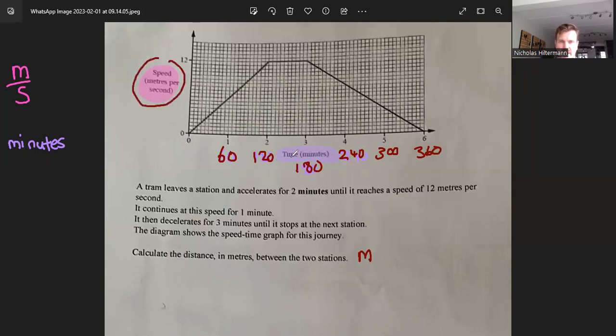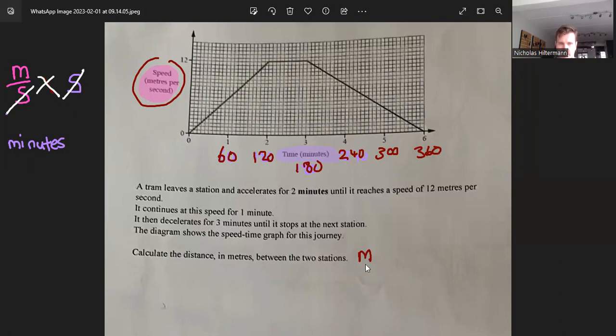Speed times time: if I times the y-axis by the x-axis, I'm timesing meters per second by seconds. Notice that when I times these together, the seconds cancel, and I end up with meters. So the units confirm that I need to find the area under the graph.